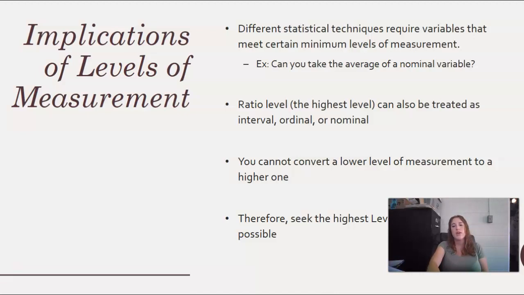So you can take the mean of ratio level data. You can do it for interval level data. You can technically do it for ordinal level data, but it's usually not meaningful since there's no meaningful distance between the measures.